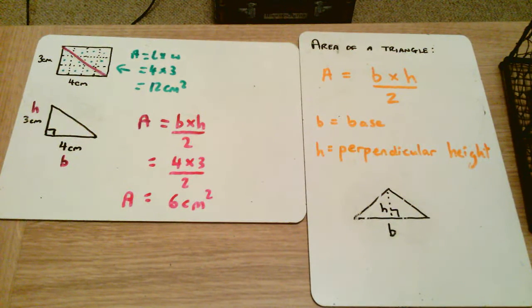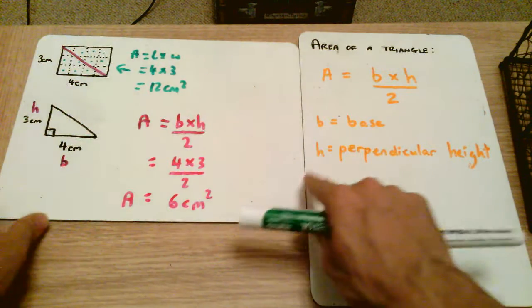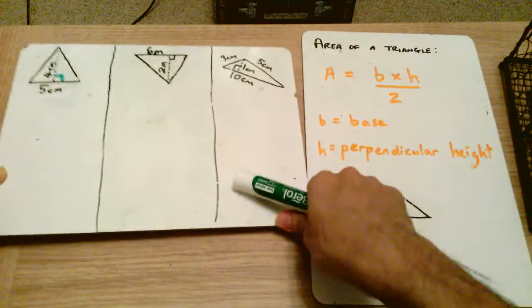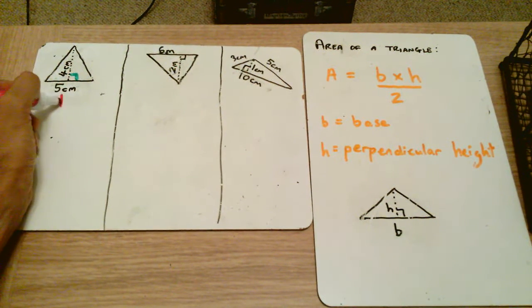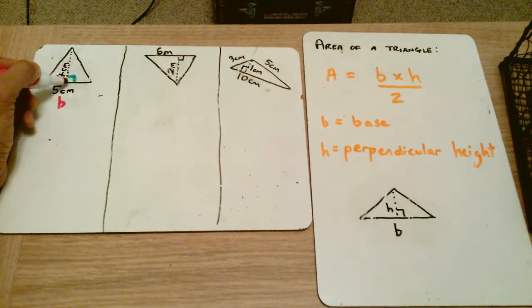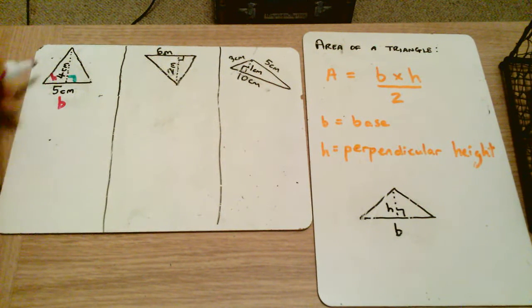Very, very key. Now I'm going to go through 3 examples with you, showing you different variations of questions we could see. In the first example on the very left, we have our base, which is 5, and our perpendicular height, because of this 90-degree symbol here, is 4.